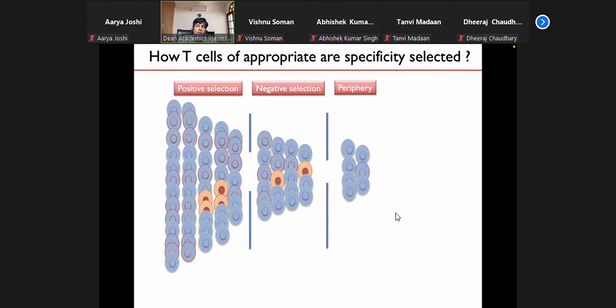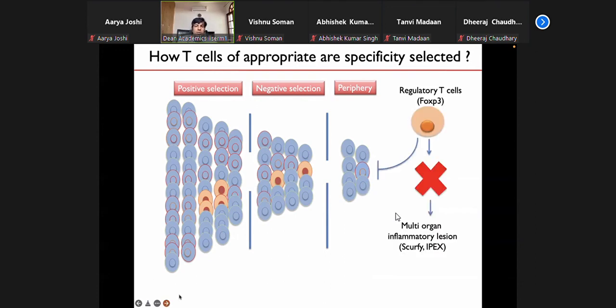Although you have made sure that not many cells pass through positive and negative selection and are present in the periphery, some autoreactive cells come in there, but their activity is blocked by the regulatory T cells that you have.